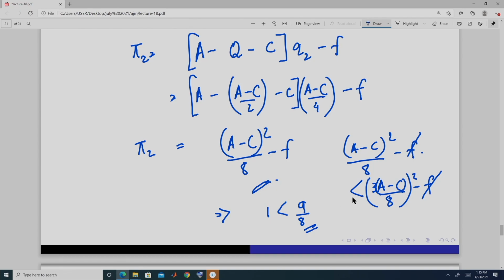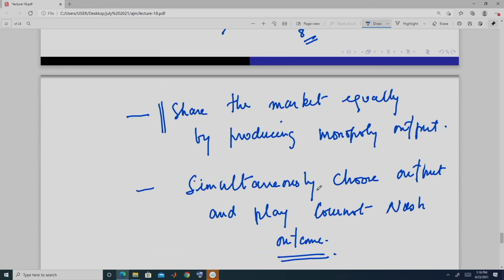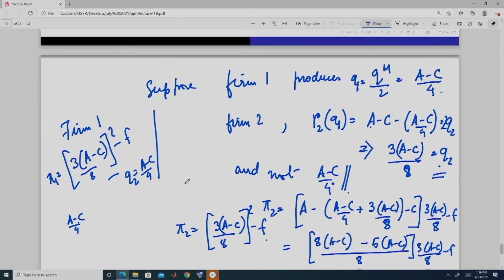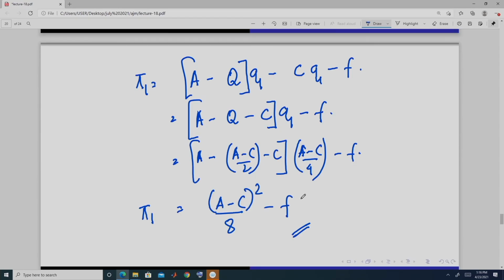So, for firm 2 it is optimal to deviate: instead of producing half of monopoly it should produce more output. So, that is why firm 2 is deviating, and similarly for firm 1, if we compare this profit and this, we get that it is also optimal for firm 1 to deviate if firm 2 produces half of the monopoly output.